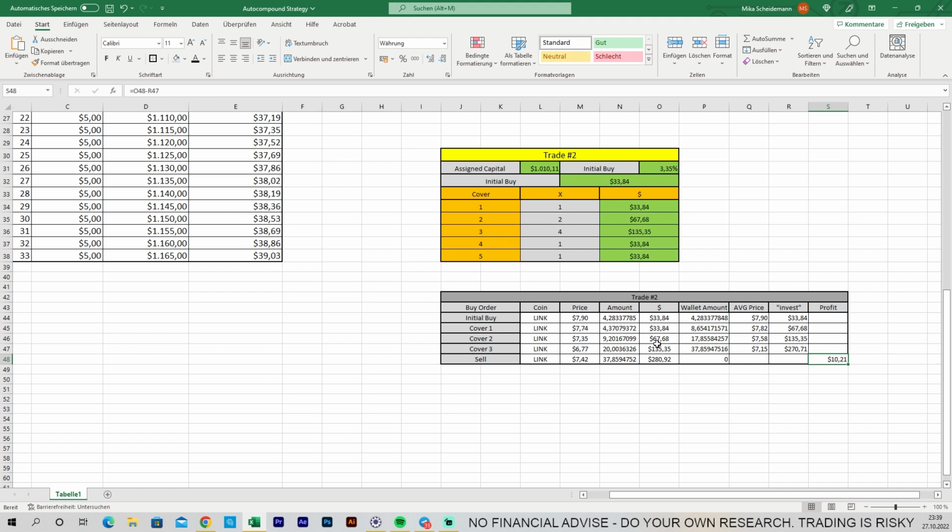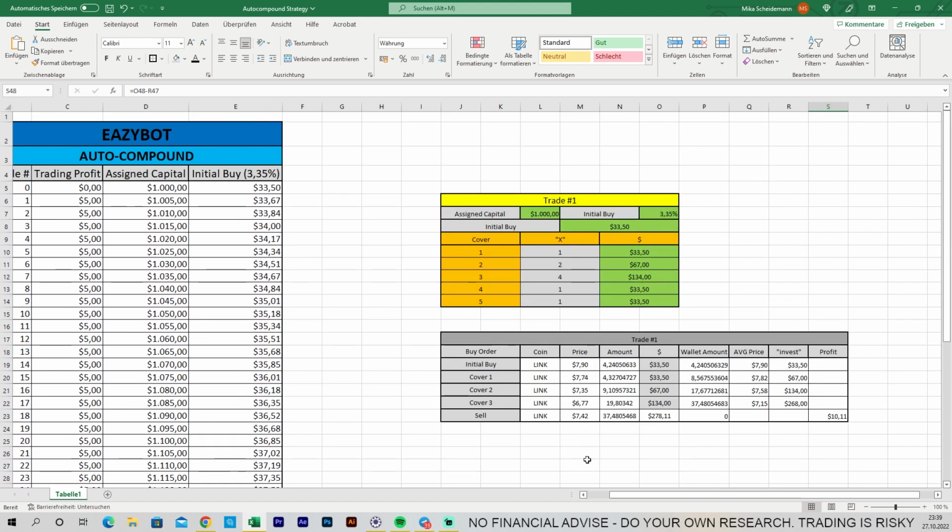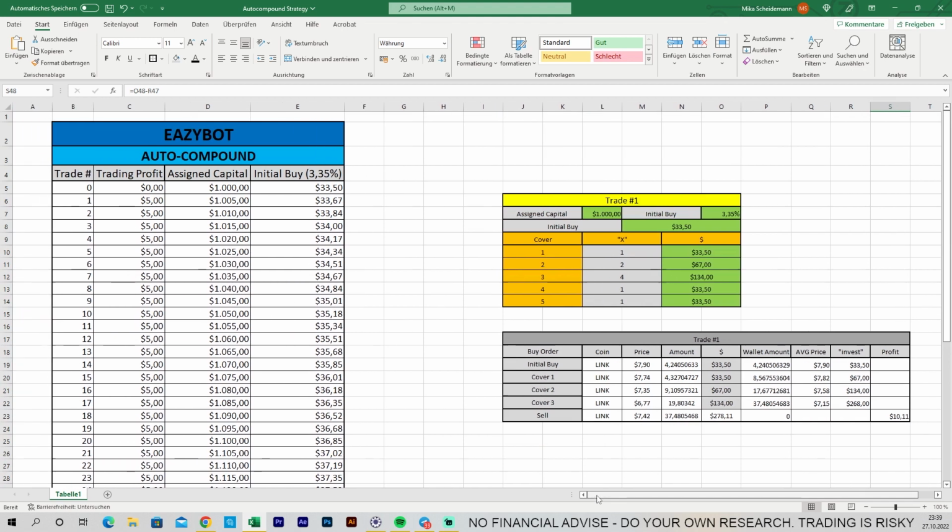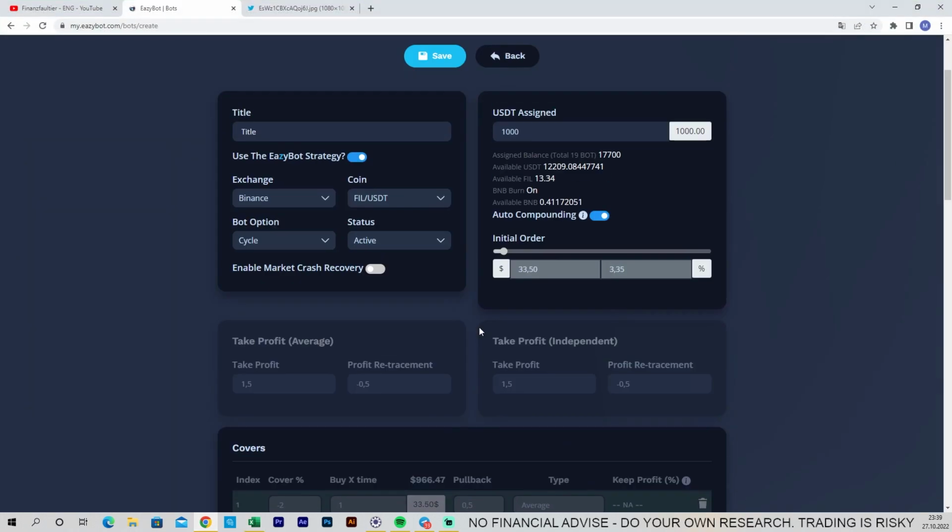But after a substantial amount of time, a substantial amount of trades closed, this will be phenomenal and maybe even life-changing. Obviously, again, no financial advice. It's a risky investment. It's crypto, guys. But this auto compounding feature from EasyBot, I think, is changing the game.